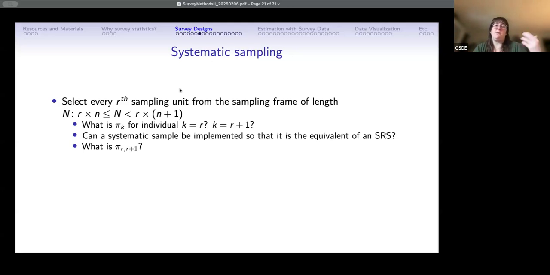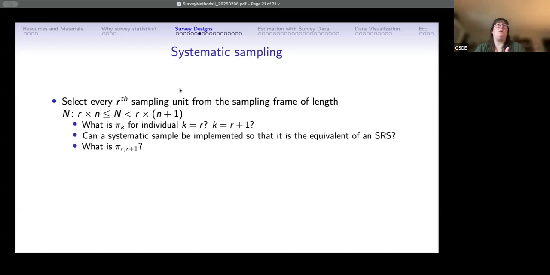So pi of k, the probability for individual 8, pi 8, would always be 1 because they're always going to be selected into the sample. For pi 1, 2, 3, 4, 5, 6, 7, and pi 9, 10, 11, 12, 13, 14, 15, they're always going to be 0. Those people are never going to get selected for my survey based on this systematic sampling system.